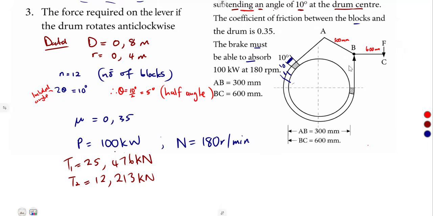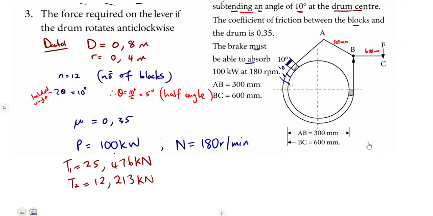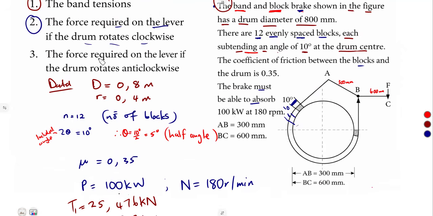So you find out that these tensions are for the bends, and we do not know exactly which is T1 and which is T2. Now that we have the rotation of the drum, we can tell which one is T1 and which one is T2.